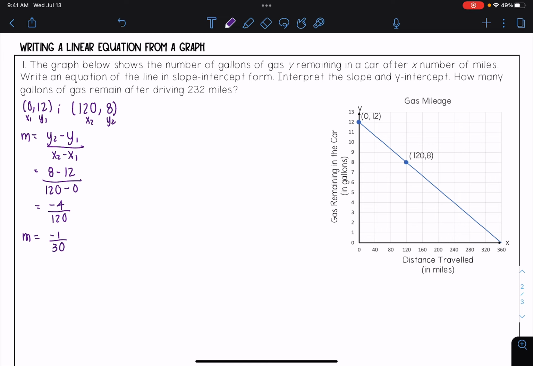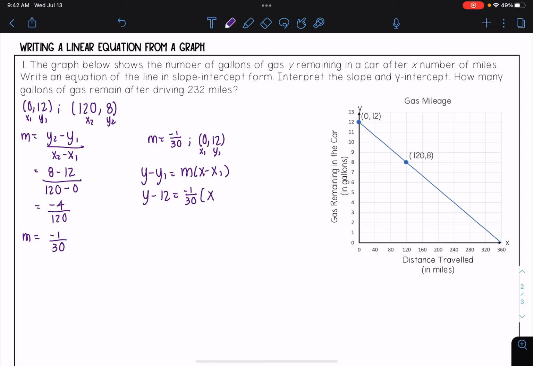And now we're going to go ahead and plug this into my point-slope formula. So I have m equals negative 1 over 30, and I'm going to use that first point (0, 12). So I have y minus 12 is equal to negative 1 over 30 times x minus 0.